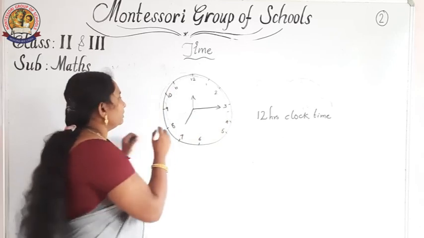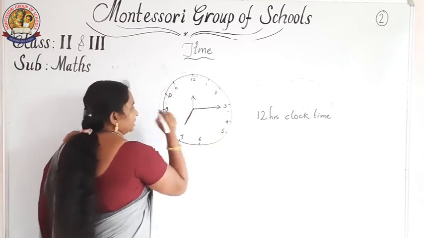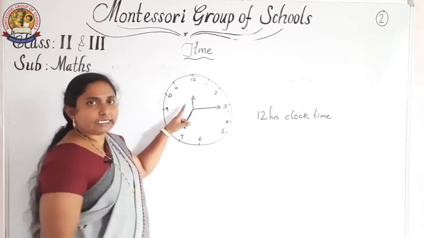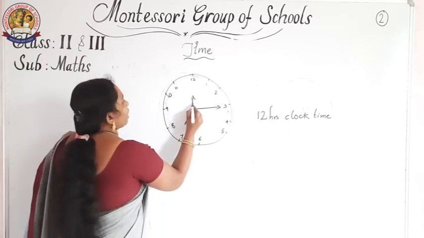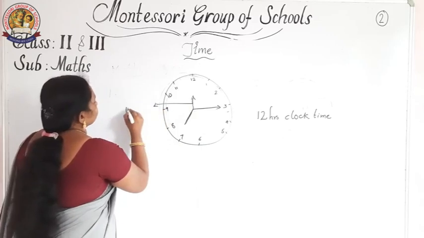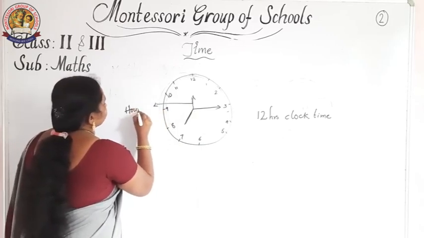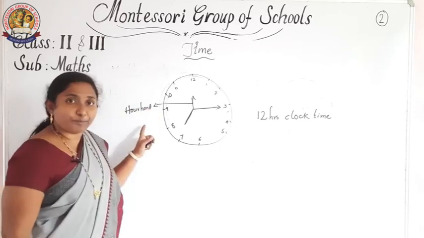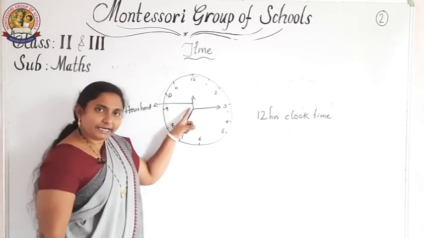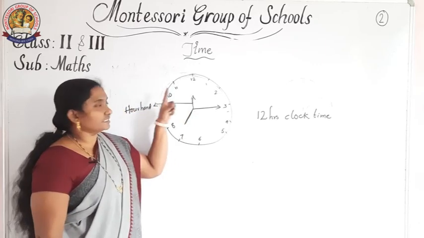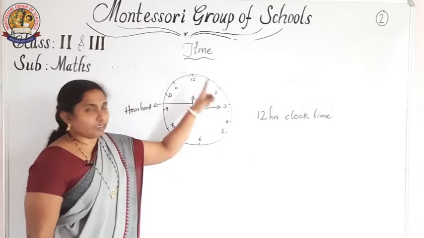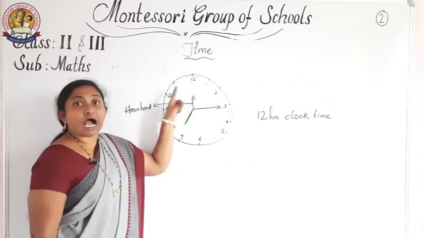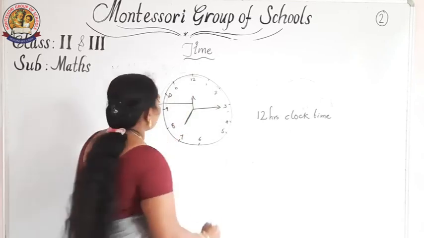The short needle is called the hour hand. What does the hour hand mean? The short needle shows the hours in a clock. So the short needle shows hours.